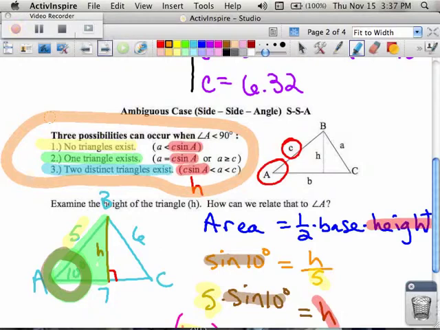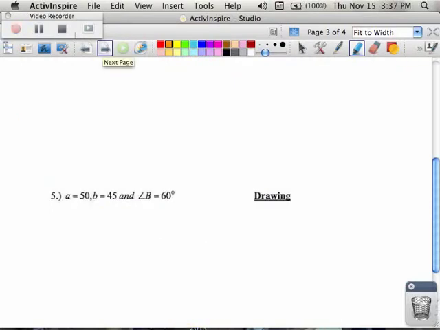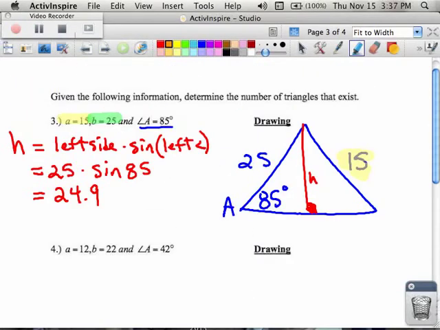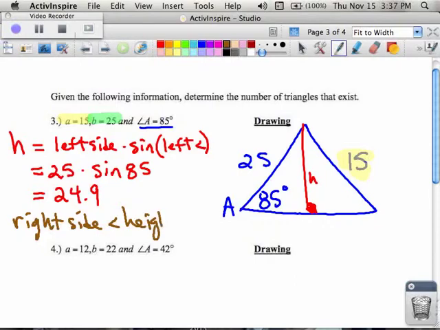Okay, let's go forward again. What I notice in problem number 3 is that the right side is less than this 24.9. So back from the rules, what I see is that my right side is less than my height, which I just found.